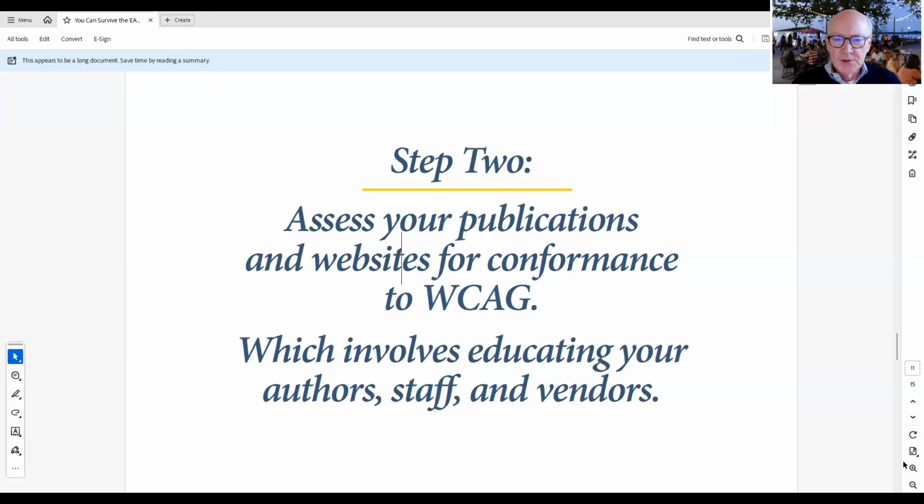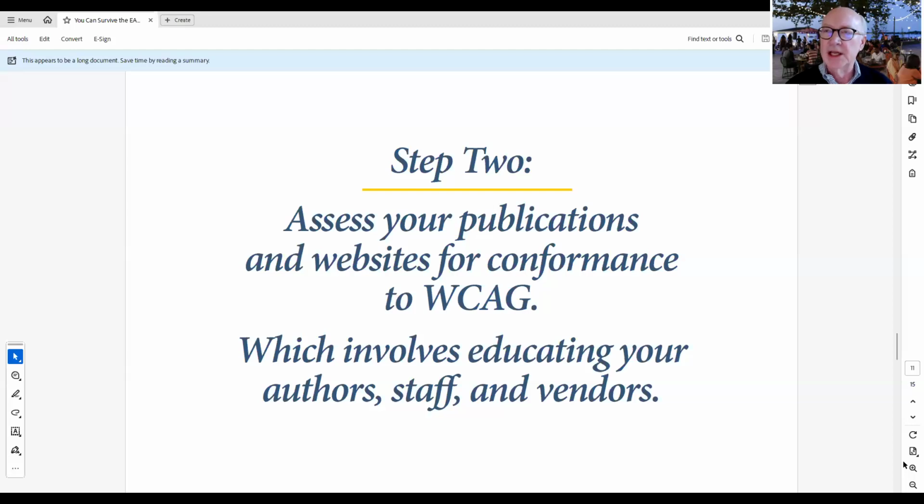So once you've identified the issues, it really involves educating everybody in the workflow. It really starts with, I don't want to overcomplicate this, but even the authors, because I'm a big advocate, typically for scholarly publishing, that the authors should at least provide a draft image description to go with every image, because they know what they're trying to convey with that image.